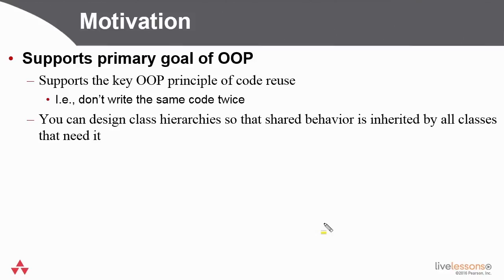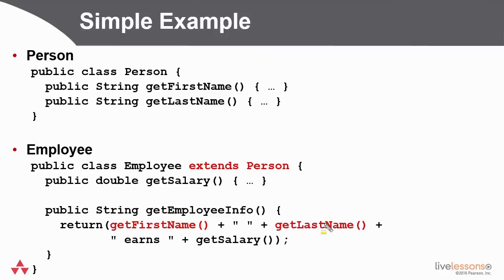Before we do a more complicated example with the ship class, let me give you a very simple example. Suppose I made a class called person, and it has two public methods, get first name and get last name. Notice that both of those methods are public, so outside code can access them. Then I make a child class called employee, and it extends person.